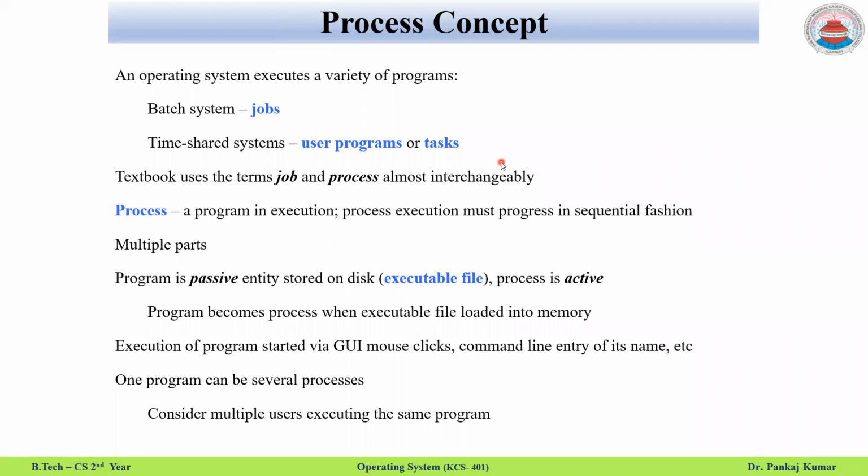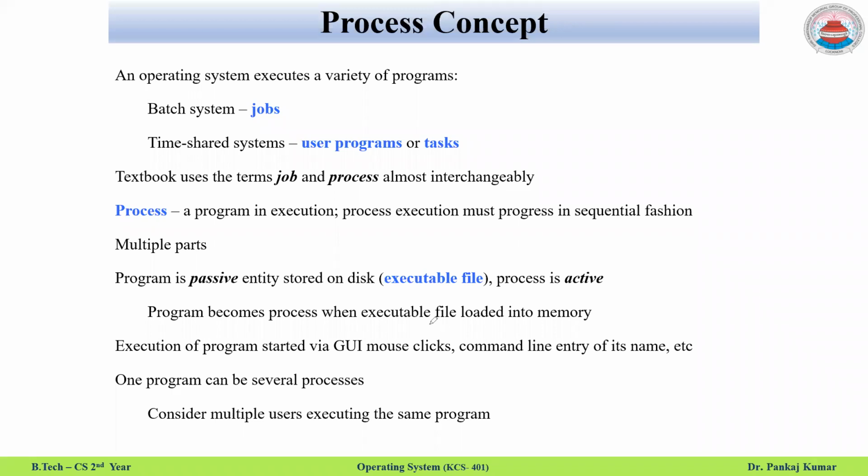As you know, what is a process? A process is nothing but an executable code, or any program which is in execution is called a process. Process execution must progress in a sequential fashion. As I have discussed many times, a program is a passive entity, whereas a process is an active entity.